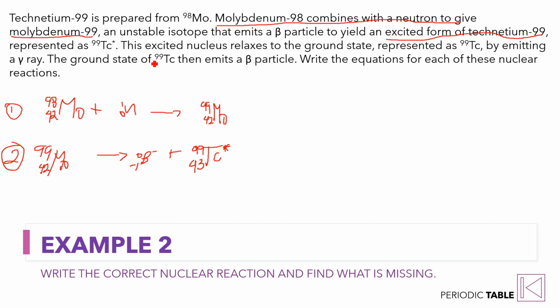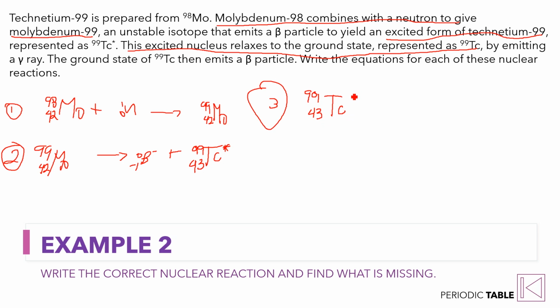So, next equation. This excited nucleus relaxes to the ground state. So, kapag nag-relax siya, anong reaction niya? Gamma emission na. So, ito daw, technetium-99 na to ay nag-undergo ng relaxation.